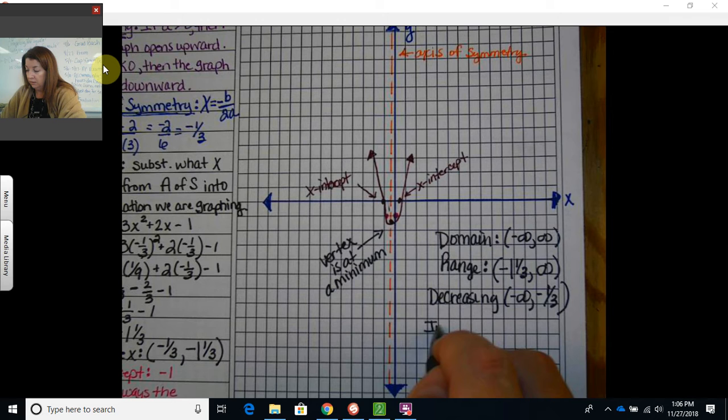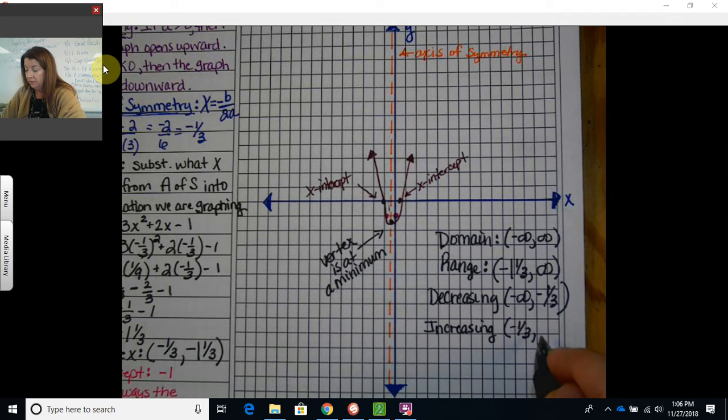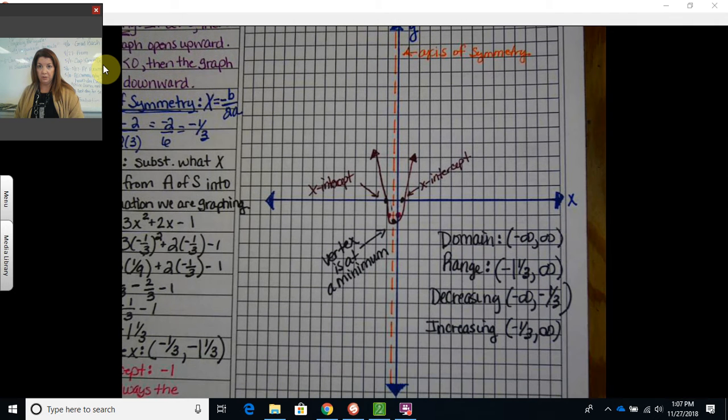Increasing from left to right, where does it start increasing? Negative 1/3 all the way to positive infinity. And that's just review of things we've learned before. That's a lot of steps to graphing a parabola, is it not?